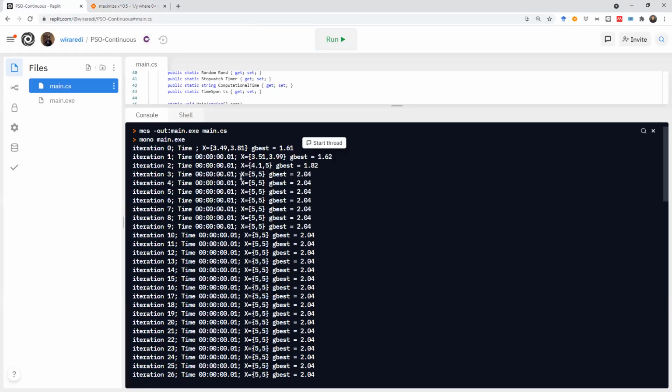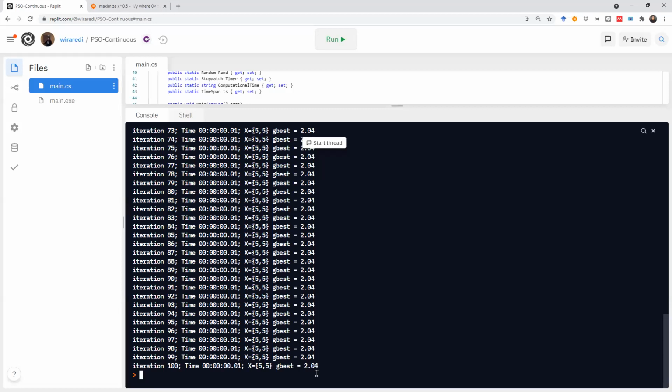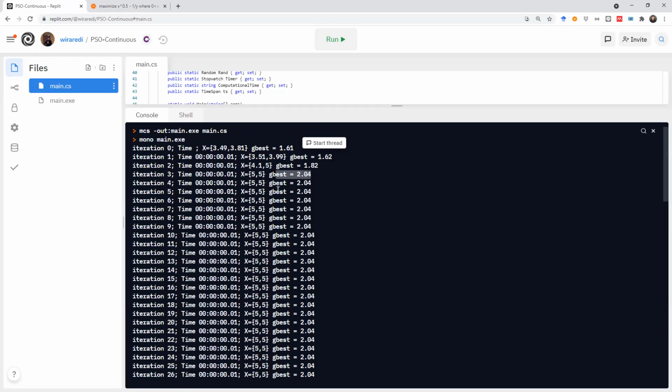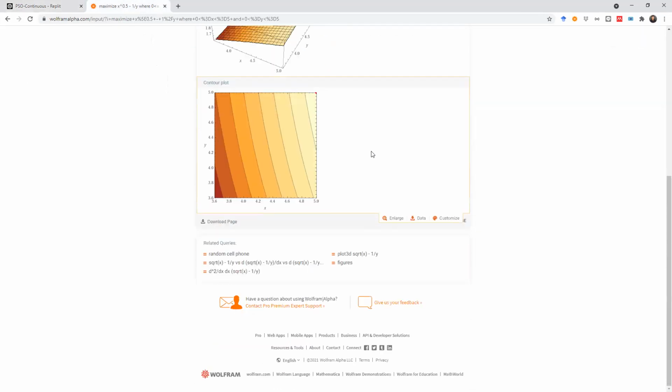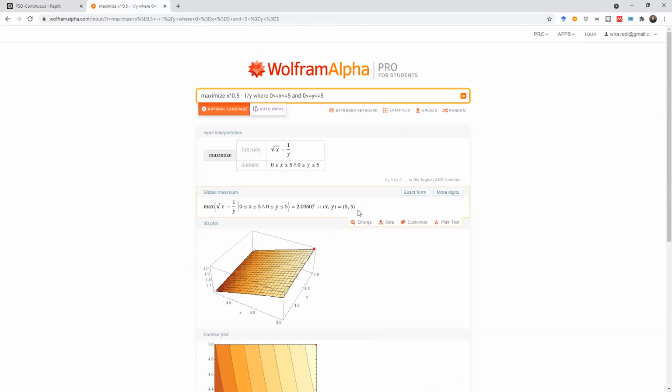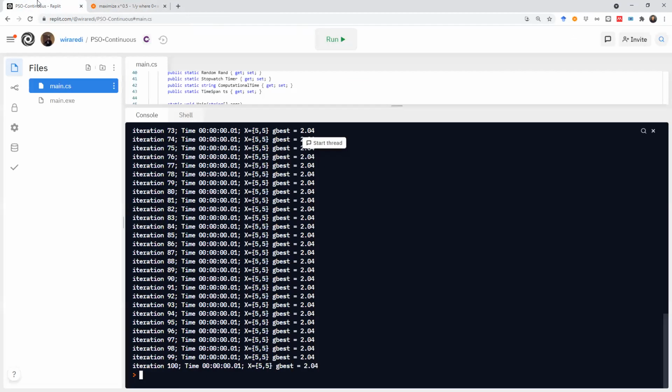As you can see here, it can also find x equals 5, y equals 5. The G best is 2.04. After that we check again, because the algorithm cannot actually understand whether this is already optimal or not. Finally, after 100 iterations the global best is 2.04 with x equals 5 and y equals 5. It's exactly the same as what we have with the exact method using calculus.